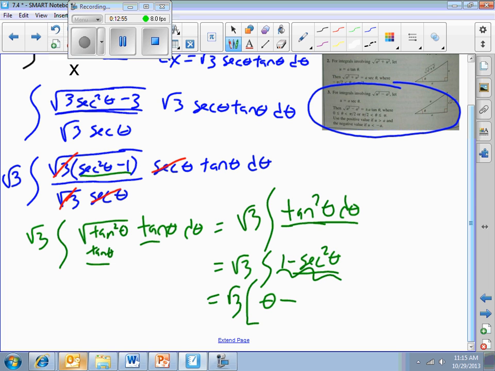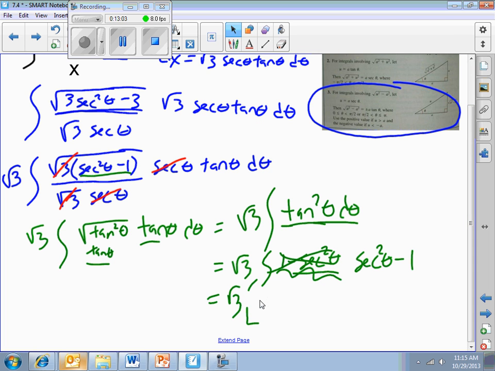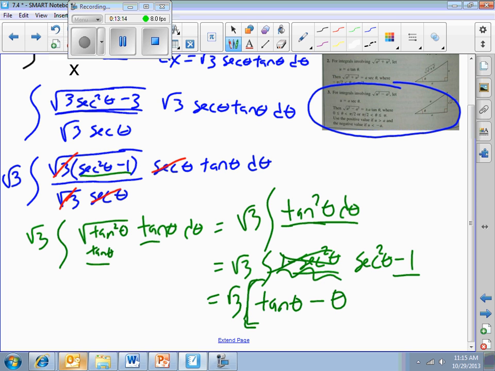The identity is backwards. This is secant squared theta minus 1, not that one. Sorry about that. So when I integrate this, the integration of secant squared theta is just tangent theta, minus the integration of 1 is just theta. Well, once again, we're almost there, plus c, obviously.